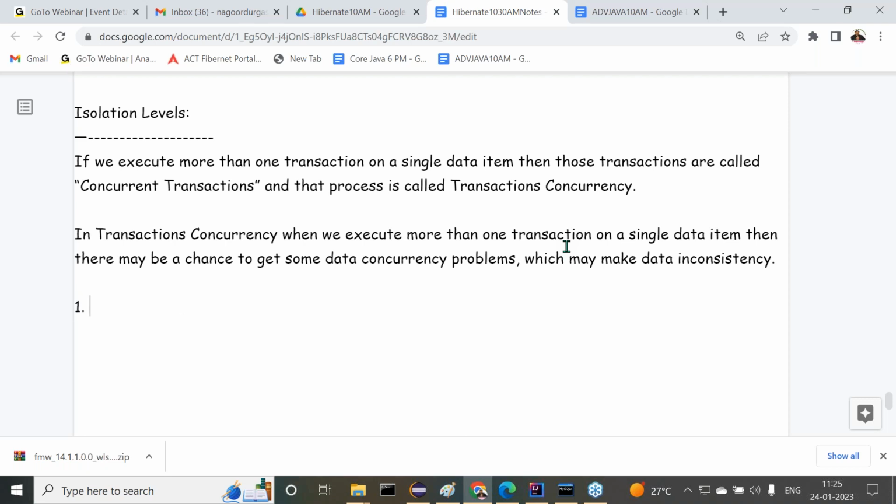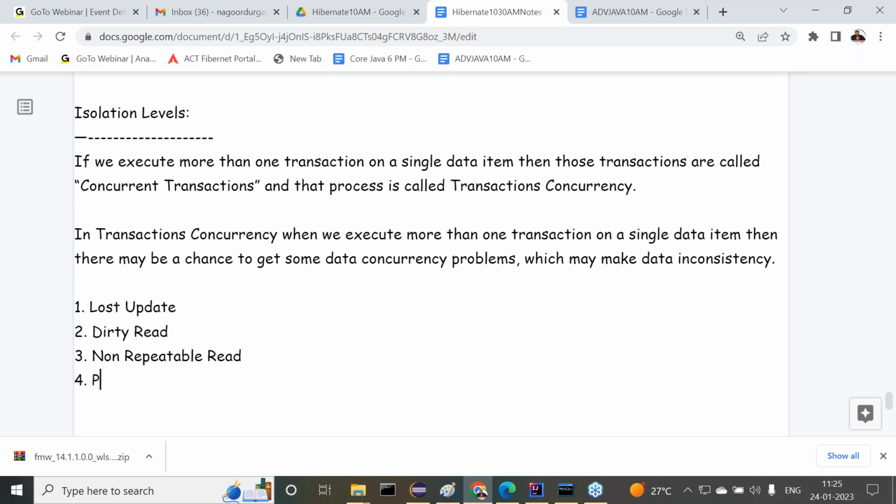First one is the lost update problem. Second one is the dirty read problem. Third one is the non-repeatable read problem.